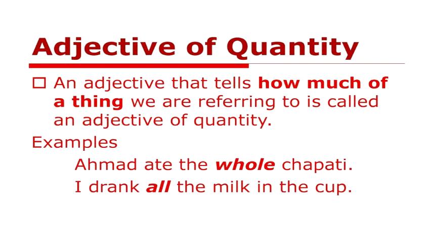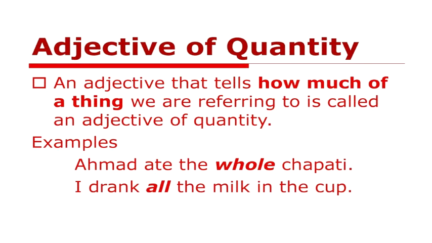For example, Ahmad ate the whole chapati. Now here, dear children, we are not counting. We are saying it is just one chapati. And how much portion of it did Ahmad eat? Ahmad ate whole. So the word whole here tells us how much of the chapati Ahmad has eaten.